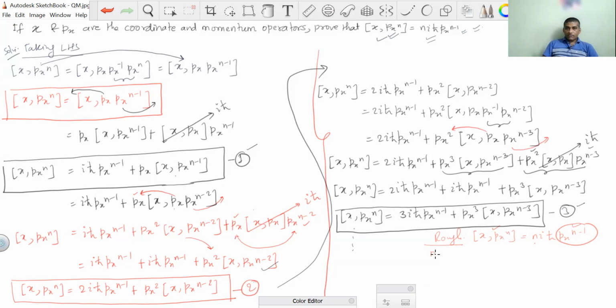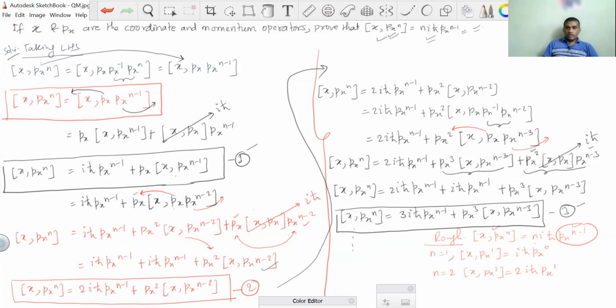Now let us start from n equals 1. So we have x px power 1 equals, n is 1, so we can write iħ px power 0. Now let us take n equals 2. So we get commutation of x px power 2 equals, we have n, so we can write 2iħ px power 2 minus 1 is 1.